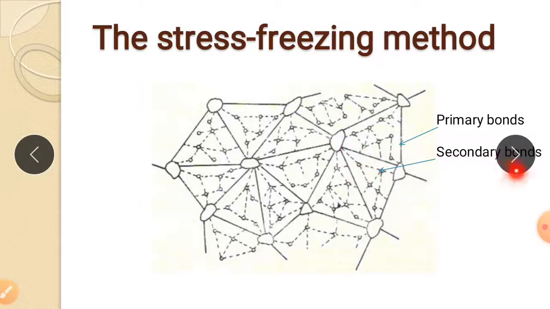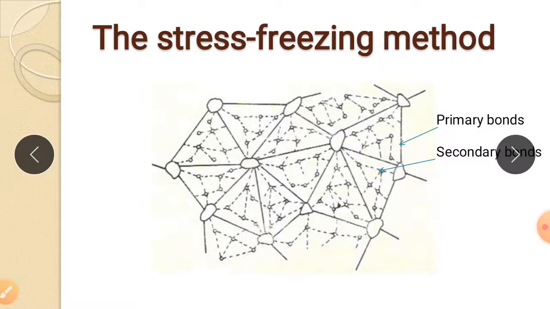Another type of bonds are called secondary bonds, the smaller network you can see inside this construction. This network is non-continuous and not that strong, but it also affects the construction of the model. This stress freezing method is applied only to three-dimensional models.